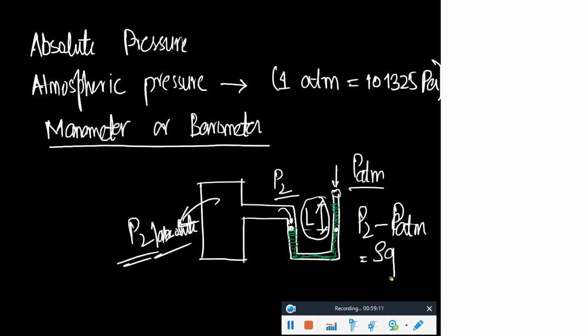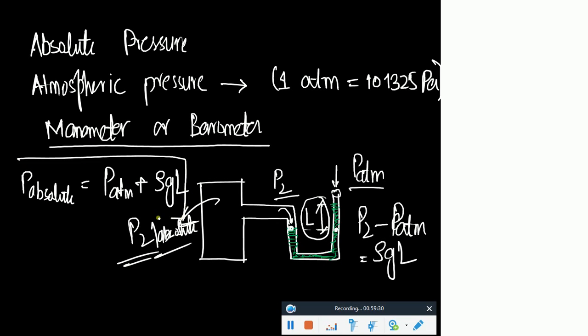And that something is basically defined as rho gL. So I can say that P absolute of this gas inside the tank would be equal to P atmosphere plus rho gL. Okay, so this is how you define it. This is basically the working of a manometer.